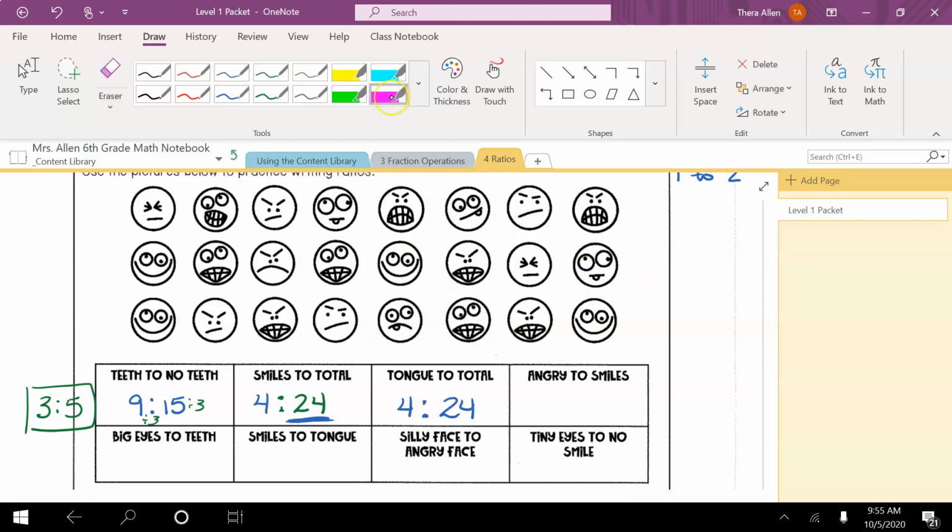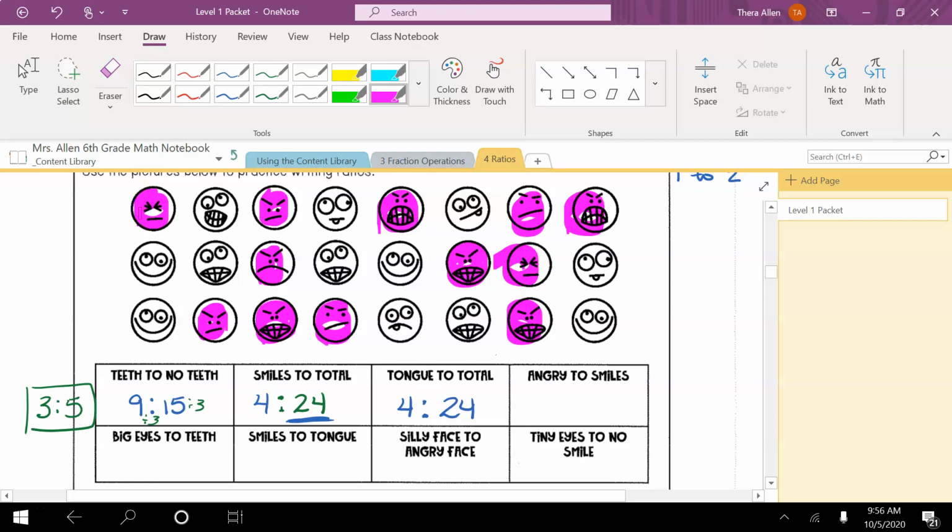Okay, I am going to now do angry to smiles. So my angry ones, let's see here. I have 1, 2, 3, 4, 5, 6, 7, 8, 9, 10, 11, 12.